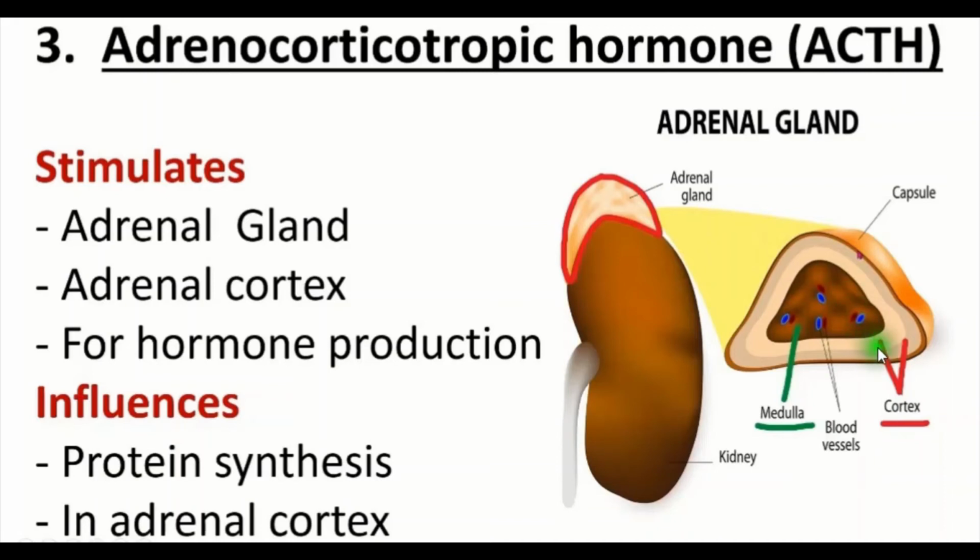The outer region is known as the cortex and the inner region is known as the medulla. ACTH stimulates the adrenal cortex for the production of hormones, as well as influencing protein synthesis in the adrenal cortex.